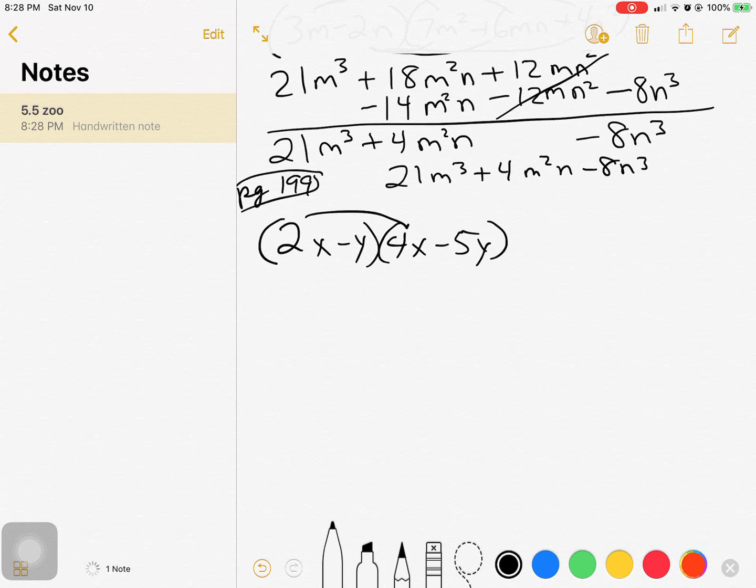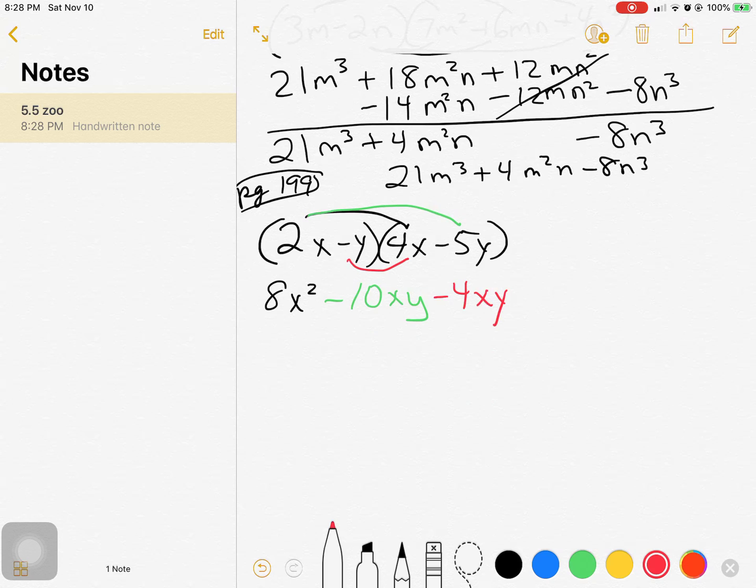So this one times this one is 8x squared. This one times this one is negative 10xy. That one times that one is negative 4xy.